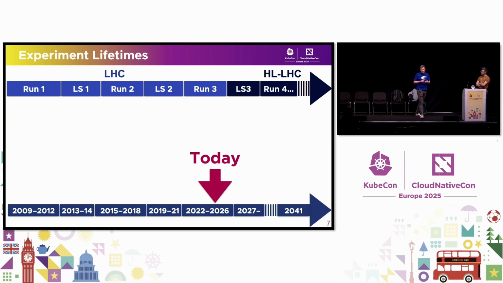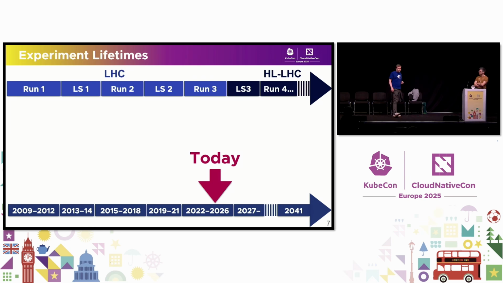You can see on this timeline that the initial collisions or operations started around 2009, so we're now like 16 years later already. And if you look at the end of this arrow, which is not entirely to scale, the current plan is to continue taking data and colliding particles until 2041. So that's another 16 years to go.